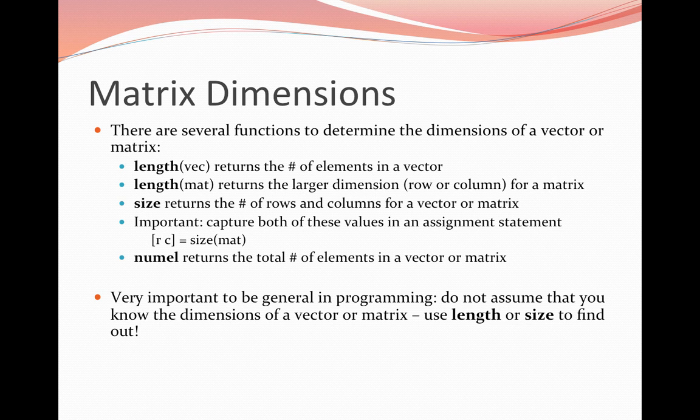So if I put that in an assignment statement that has two variables in square brackets on the left of the assignment, what that does is that captures the first value that the size function returns in the first variable r, and it captures the second value that the size function returns in the second variable c. So now I have the number of rows stored in a variable r and the number of columns stored in a variable c.